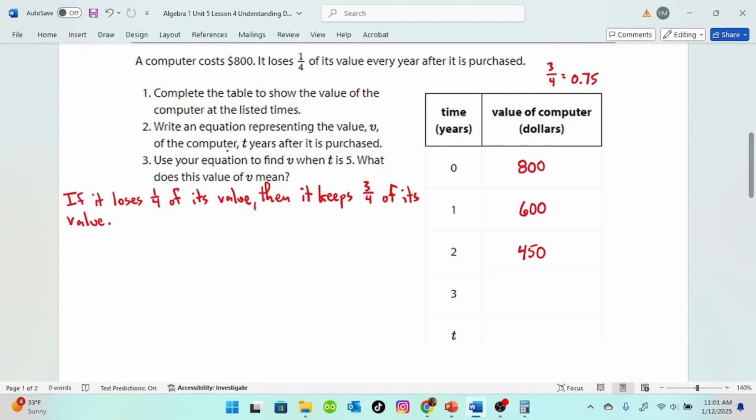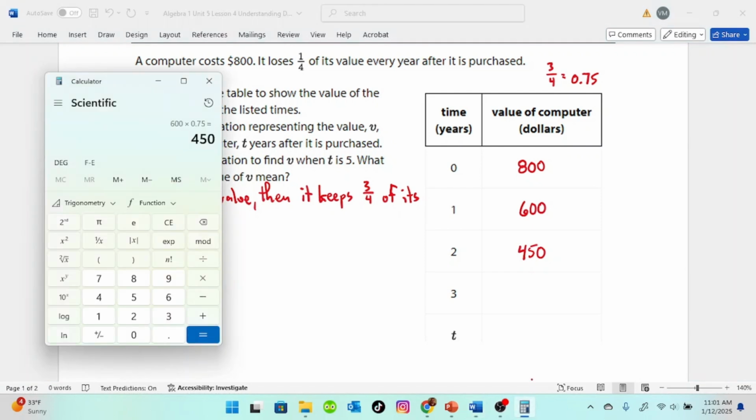And then we add another year, so we're going to take this $450 of value that it still had, and multiply that by the 3/4 of its value that it keeps after it loses another 1/4 of its value. And that brings us down to $337.50.